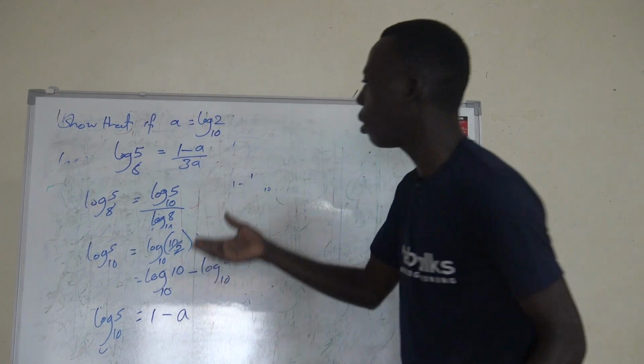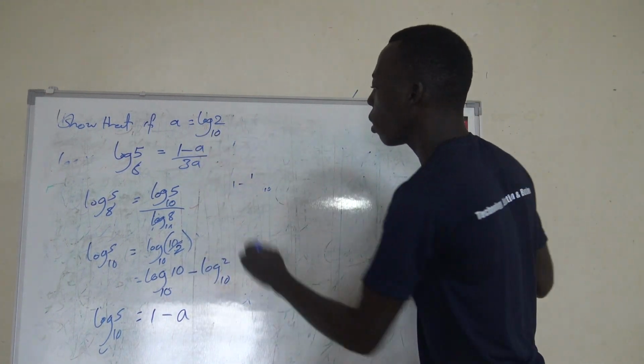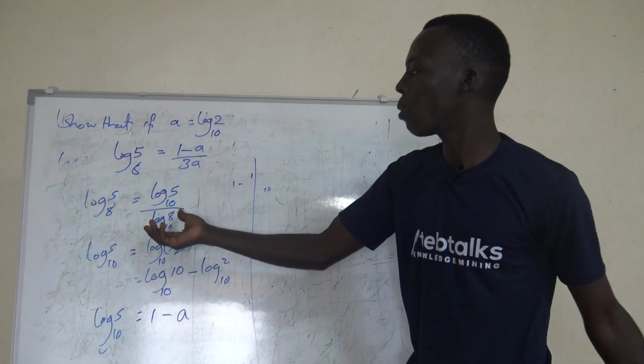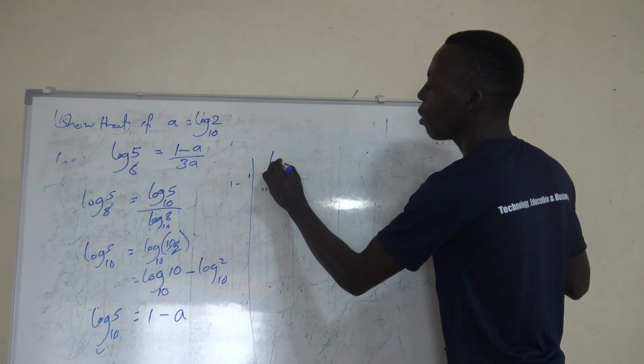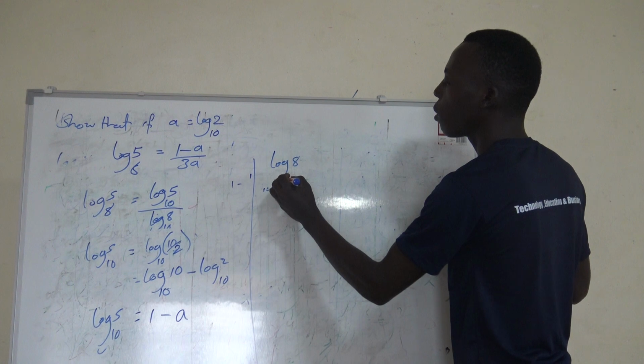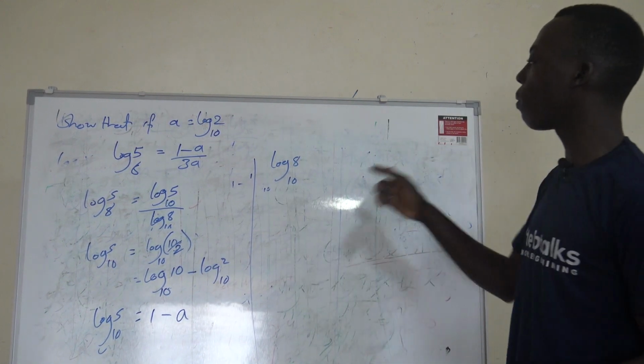I think the first part we have got. So we go to the denominator, which is log of 8 base 10.